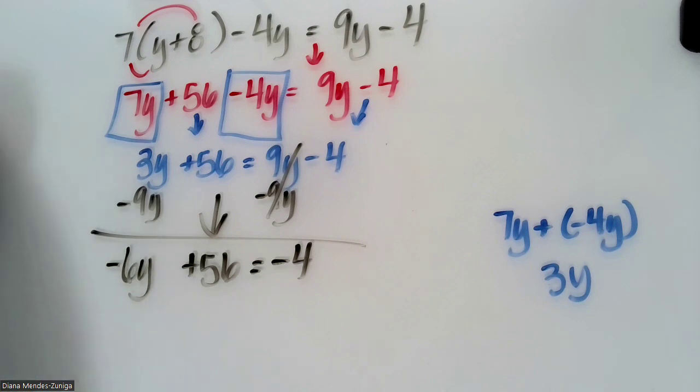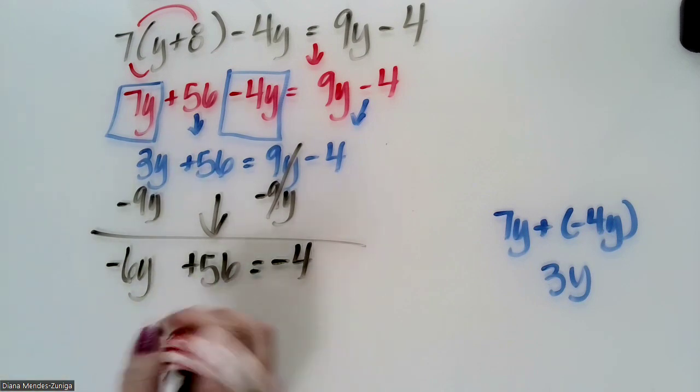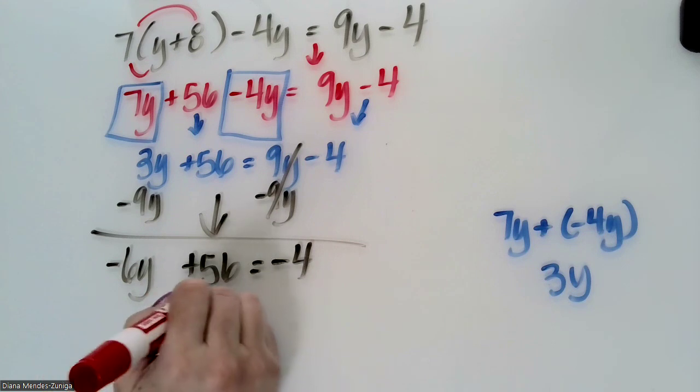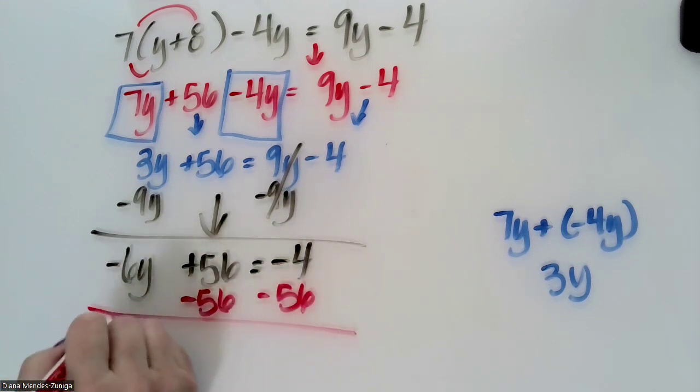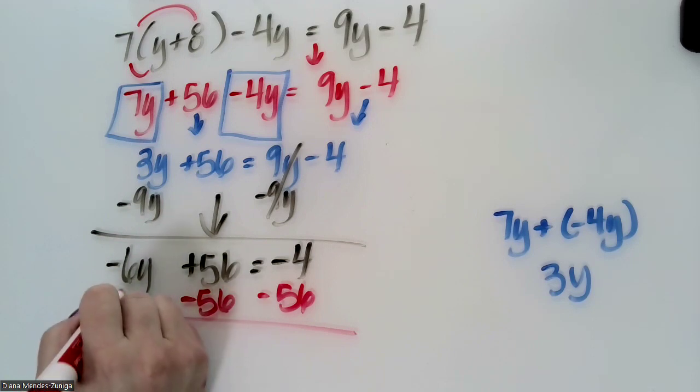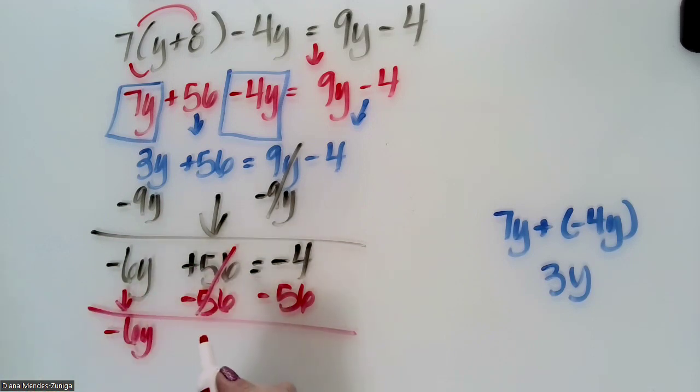Now, I still have a few problems with this, and that is I need to get rid of this 56. Once again, we're going to minus it from both sides. I'm going to end up with negative 6y because I just bring it down, accomplish my goal of zeroing that out, and negative 4 minus 56 is negative 60.